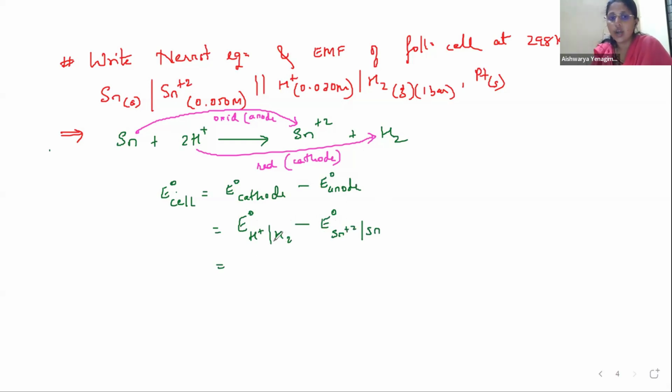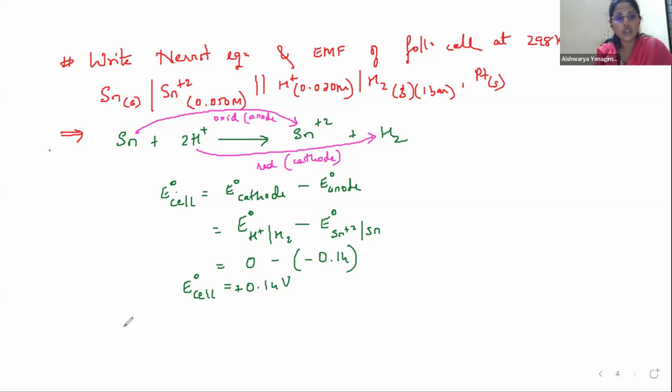The standard reduction potential of SHE is 0, minus. And from the electrochemical series, the standard reduction potential of Sn plus 2 bar Sn is minus 0.14. So you will get E naught cell as 0 minus (minus 0.14), which is plus 0.14 volt. Fine. Okay, so next, what are you going to do? We need E cell. Using the Nernst equation, we want E cell.